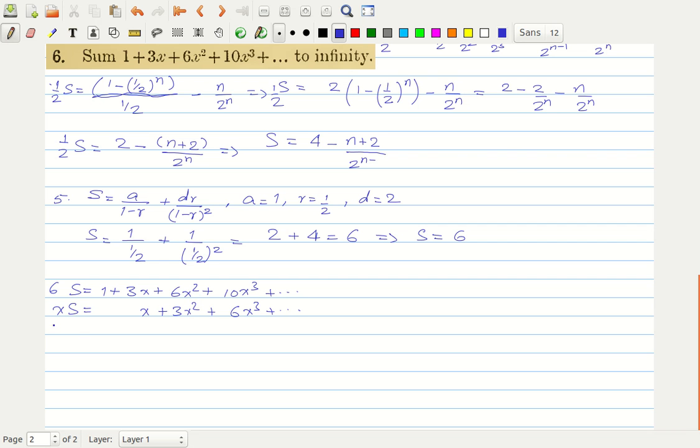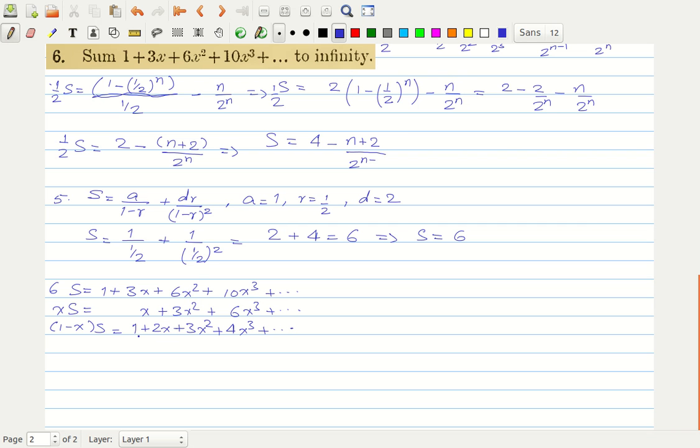Now if we subtract, we get 1 minus x times s is equal to 1 plus 2x plus 3x square plus 4x cube, and so on.